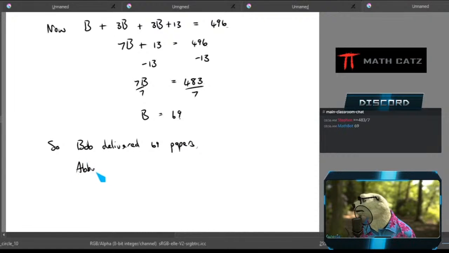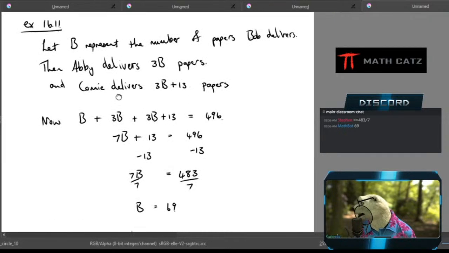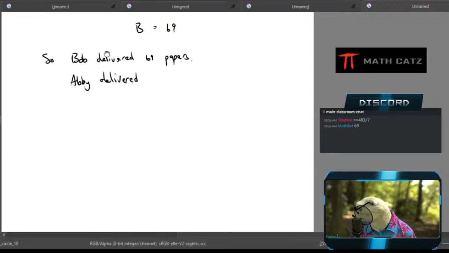Abby is another one. She delivered, now I have to go look, the amount of papers that she delivered was represented by 3B, so 3 times the value of B. I can do that in the chat. 3 times 69.